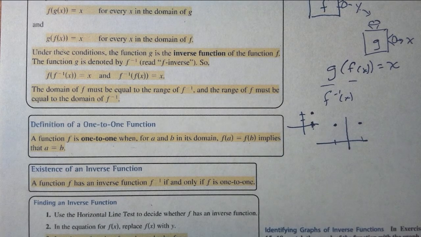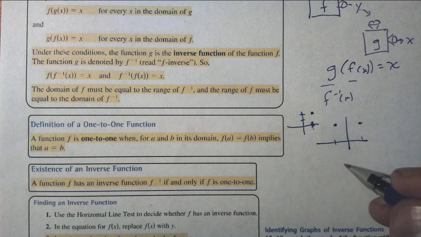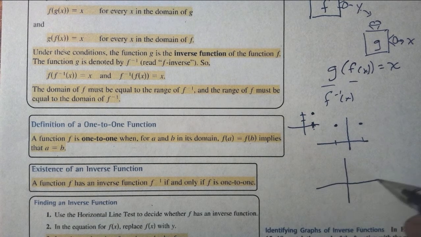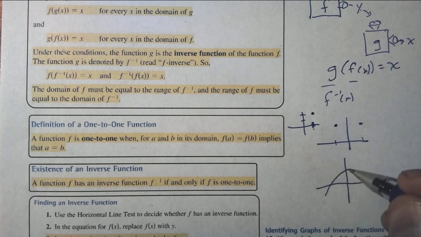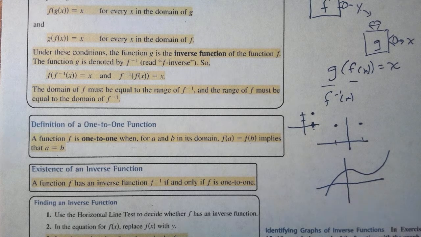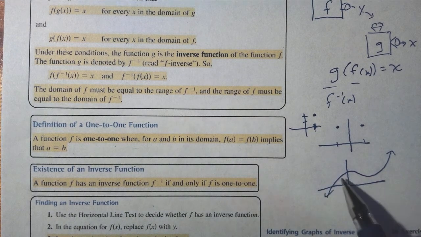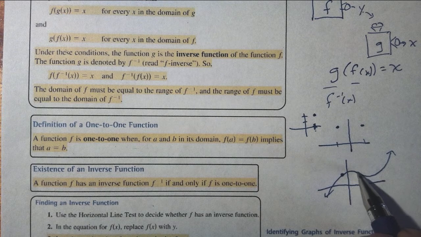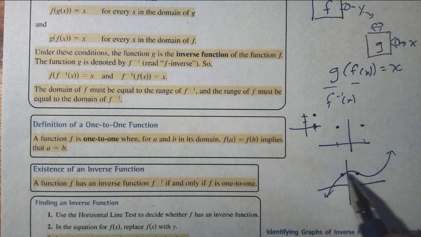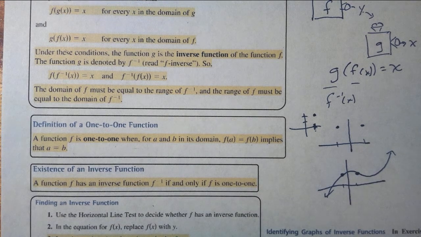One of the interesting things that happens with inverse functions is going to be explained here. Here's a function, no doubt about it, it passes the vertical line test everywhere. But because this point and this point are at the same height and they get there through different values of x, it's not one-to-one.